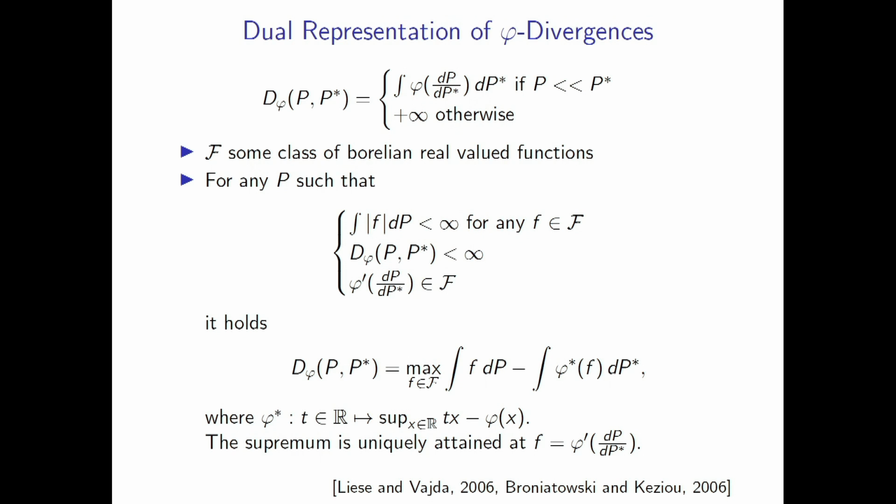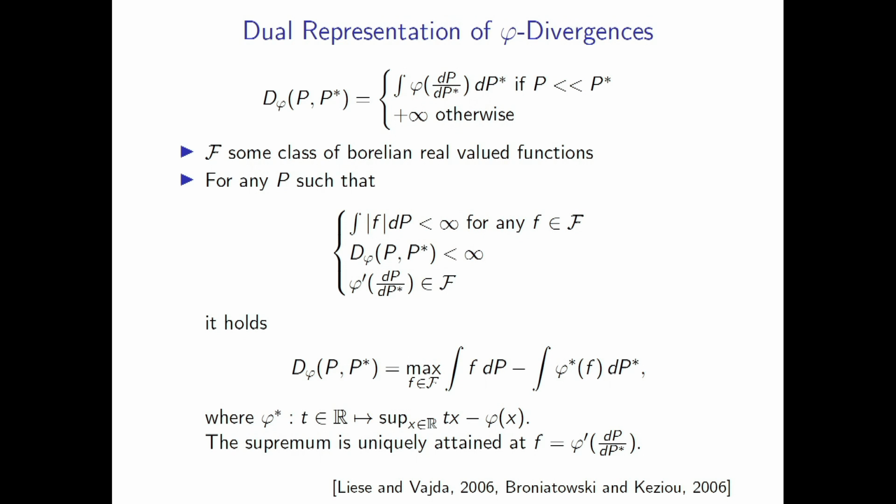So let's look at this representation. Actually, we can write the divergence like this. To get this, you have to make use of the convexity of the function φ, and so you can have that the divergence is larger than the integral, which is here. You can write the integral like this because of some hypothesis you have to make.